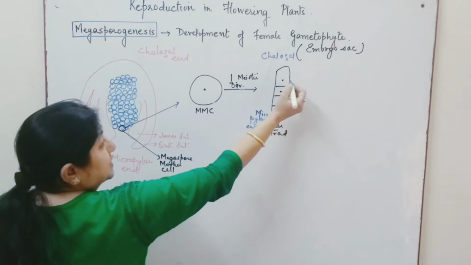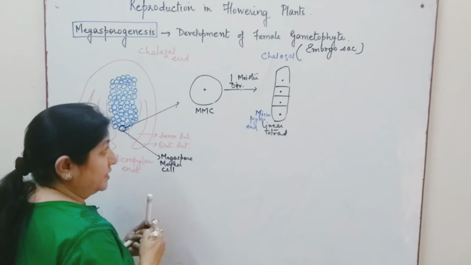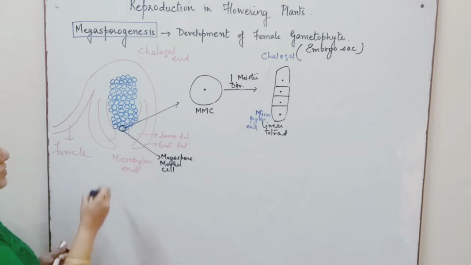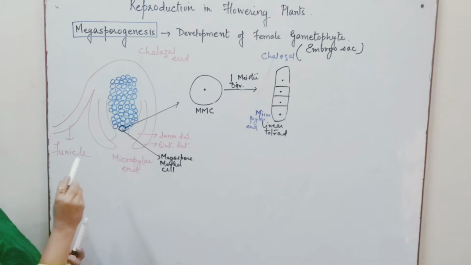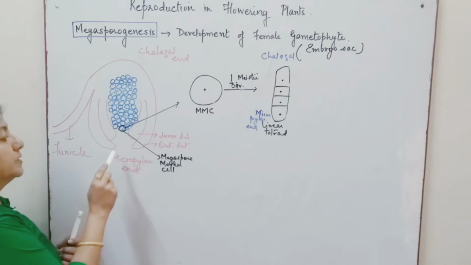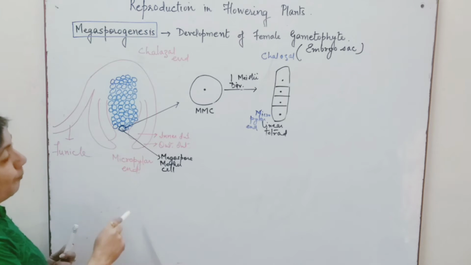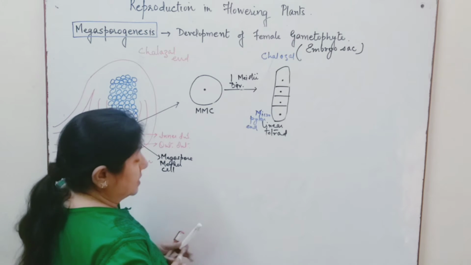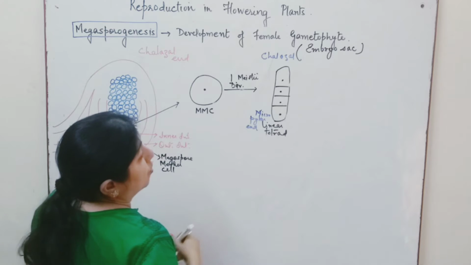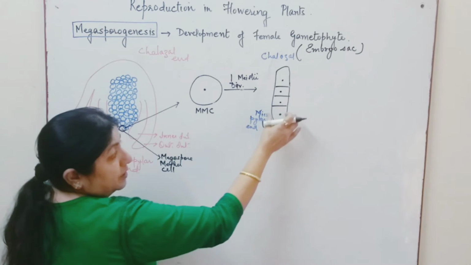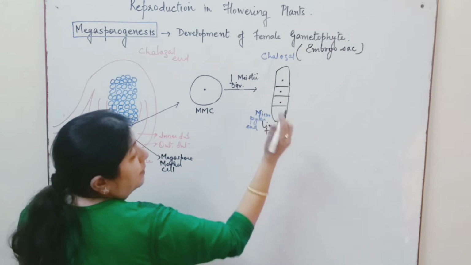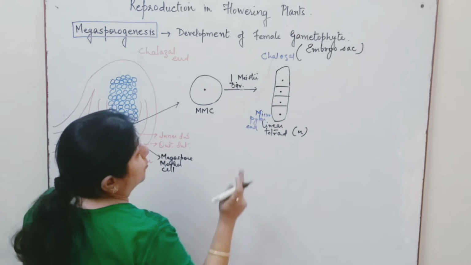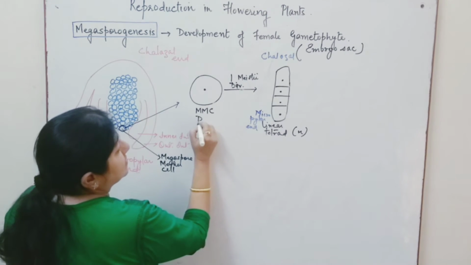This linear tetrad is formed always in the case of angiosperms, because we are studying the anatropous ovule, which about 80% of angiosperms have. Out of these 4 cells, which are now haploid with a single set of chromosomes, the MMC is diploid.